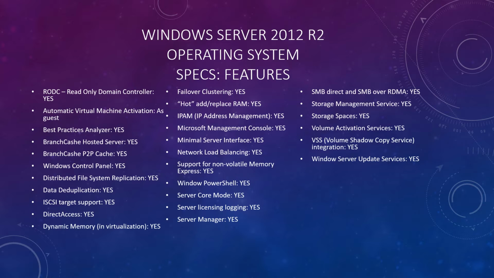It's got minimal server interface, which is good because you don't want too many people being able to get into the server. And it comes with Windows PowerShell. It's got server licensing logging, SMB Direct and SMB over RDMA, storage management services, and volume activation services.